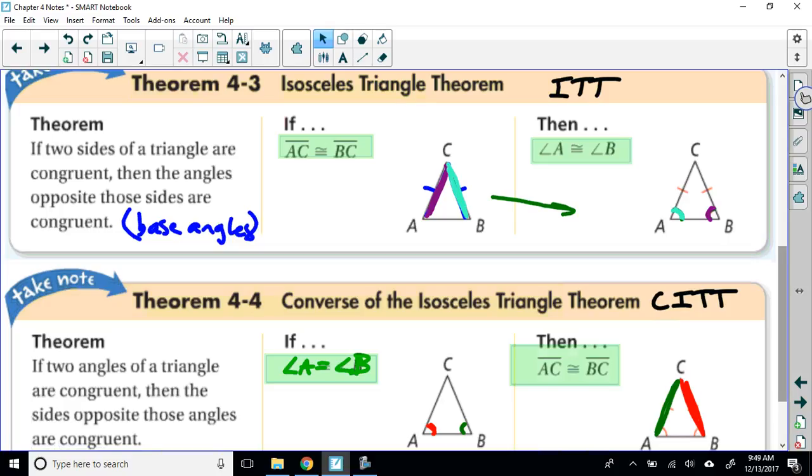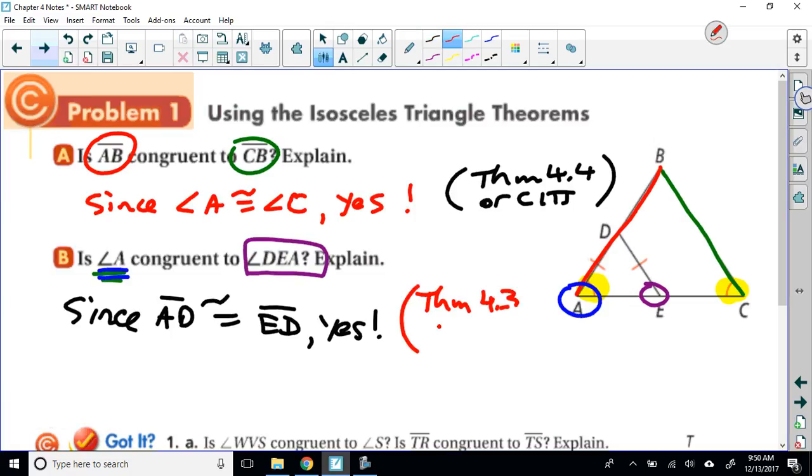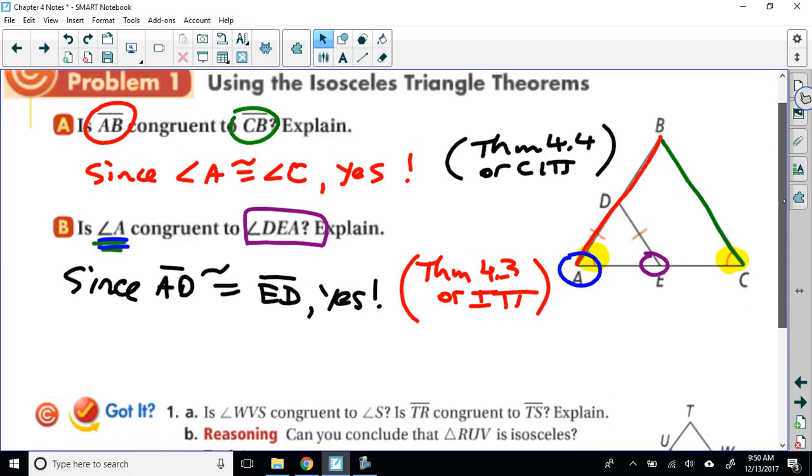We've got the sides congruent, so because the sides are congruent, the angles are, so that's going to be the ITT, or theorem 4.3. So the reason here is theorem 4.3 or the ITT. Okay. Cool beans. This seems pretty easy. Wonder if they're going to get any more difficult than this.